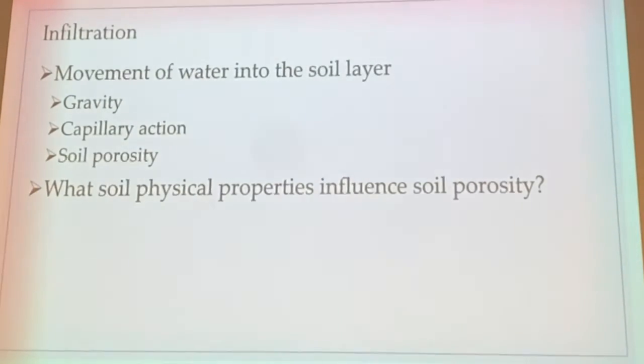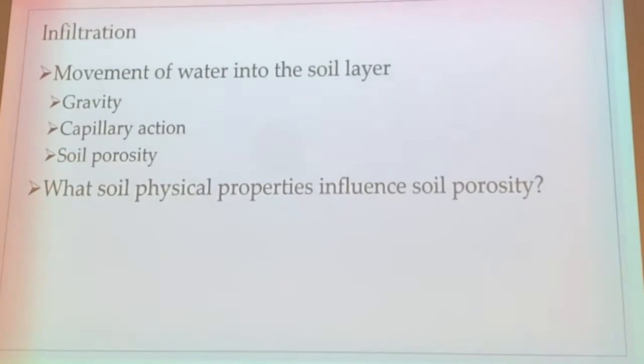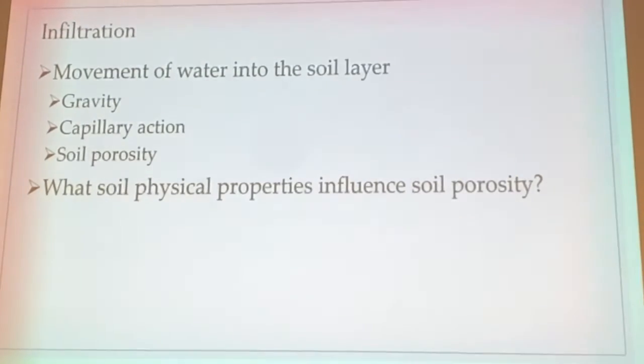We talked a little bit about this previously when we were talking about soil and water. We have gravity, capillary action, and porosity. And going back to soil texture and architecture, what do y'all think some of the things are that are going to influence how fast water moves through a soil?